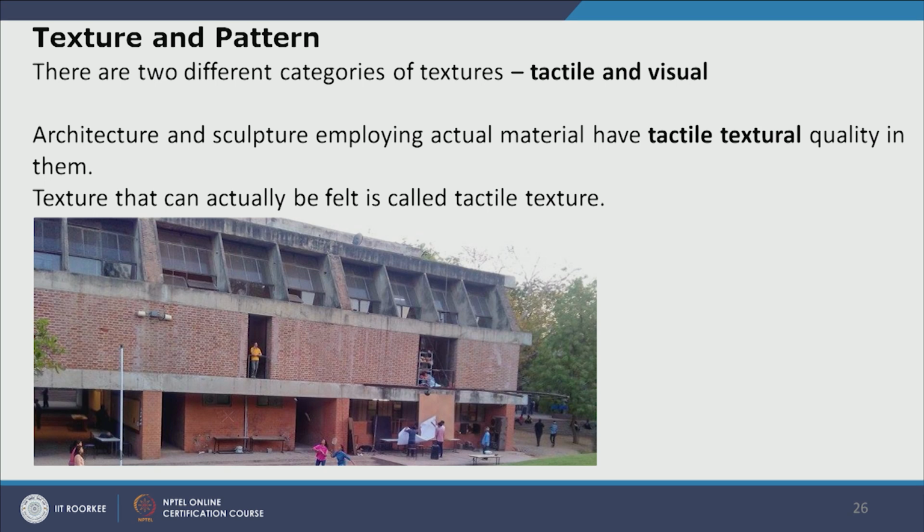Here we have an example of architecture. The exposed brick wall gives a texture of brick, and exposed concrete also gives a texture of raw concrete. This is from the Brutalist movement, a photograph of a university. This is an example of tactile texture. We can touch and feel the texture.